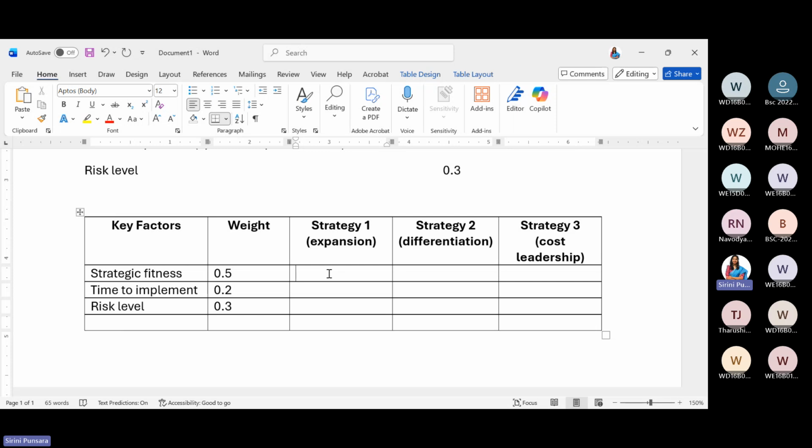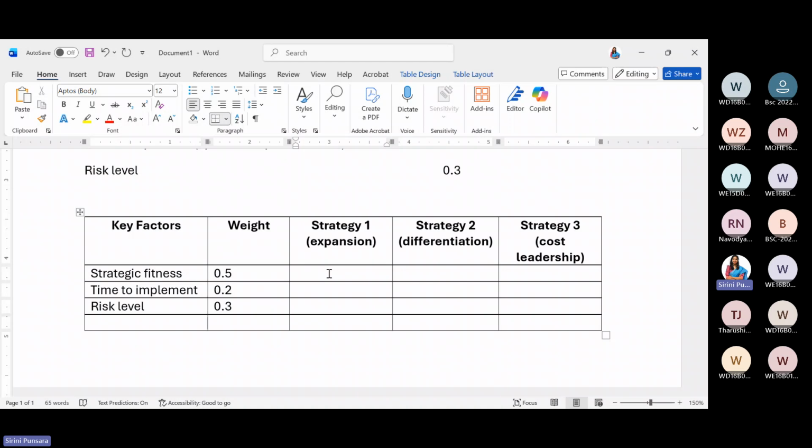So the scale we can take is a Likert scale, maybe a 5-point Likert scale, where the first will be very poor, average, strong, very strong. Again, this scale can differ depending on the company. So let's say we are going to take a 5-point Likert scale.